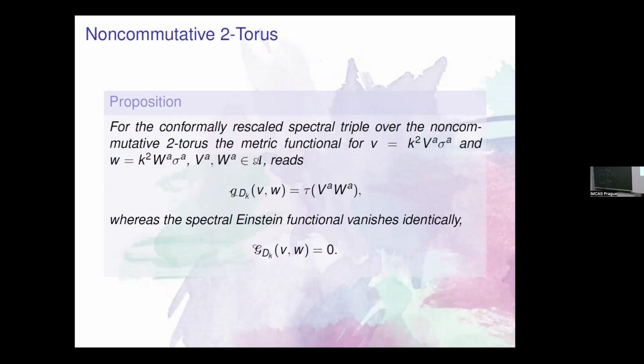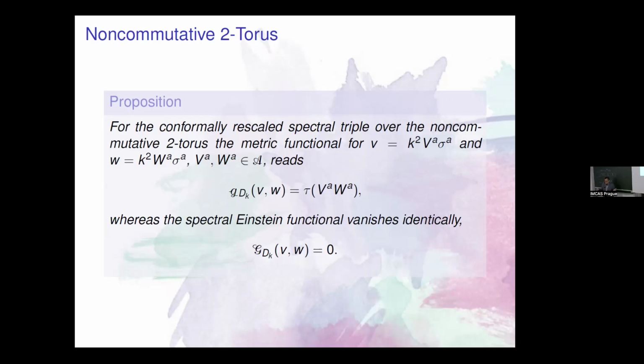Don't want that. So now, when you have it like that, you can compute the metric functional, which comes out naturally, and you can compute the Einstein functional. And the Einstein functional comes out identically 0. Does it make sense? Yes.